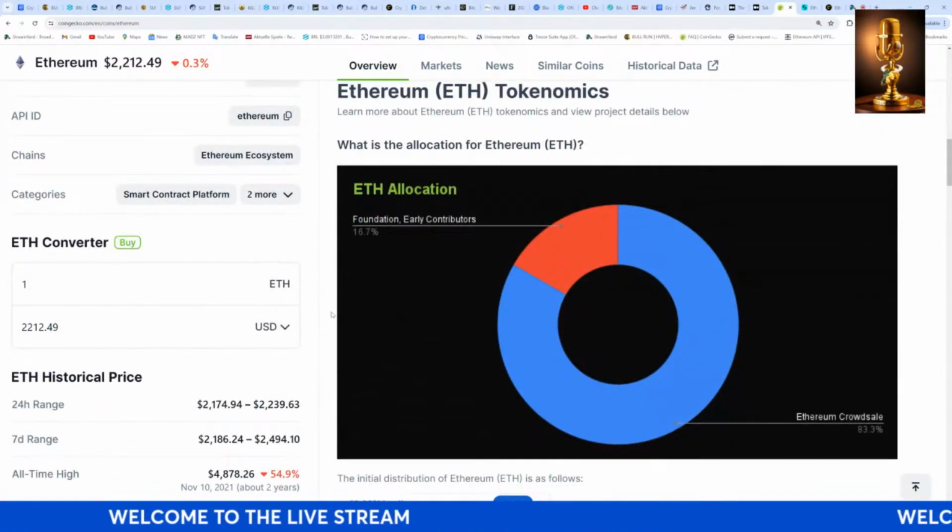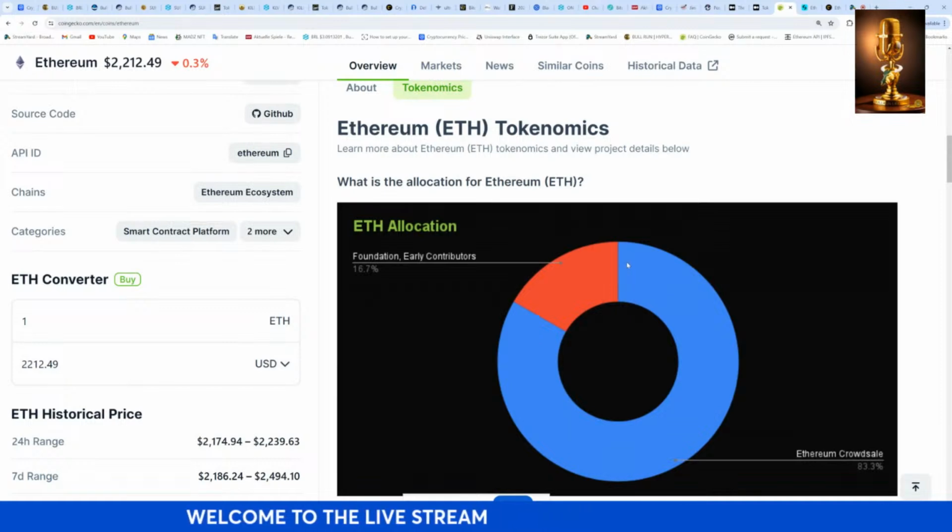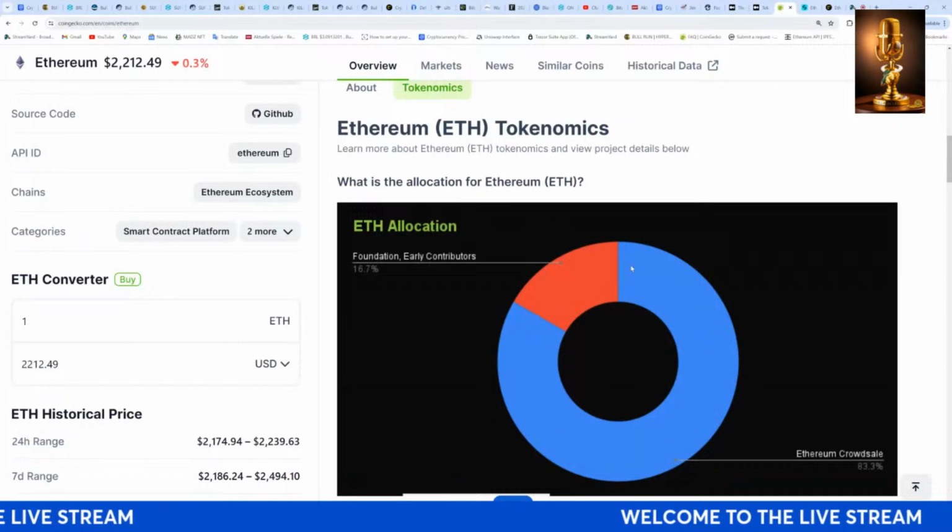Like I say, tokenomics is also based on token distributions. So Ethereum used 83% for pre-sale. It was a crowd sale, and everybody was able to participate in this.